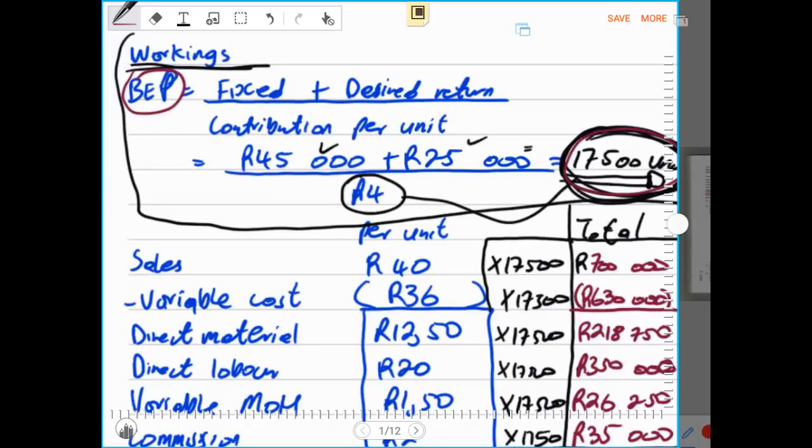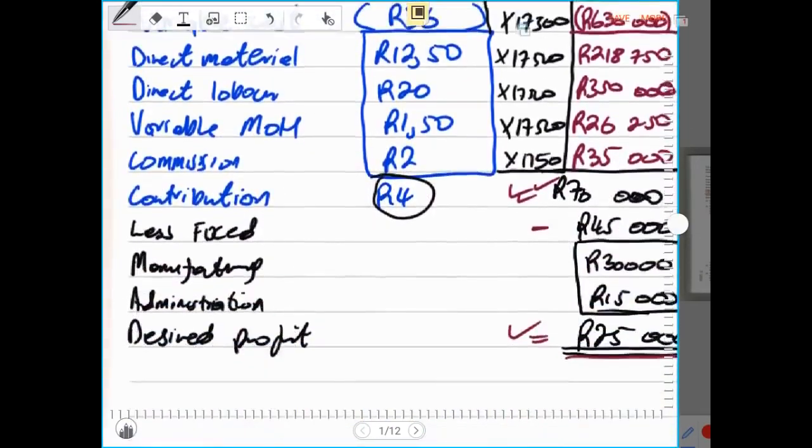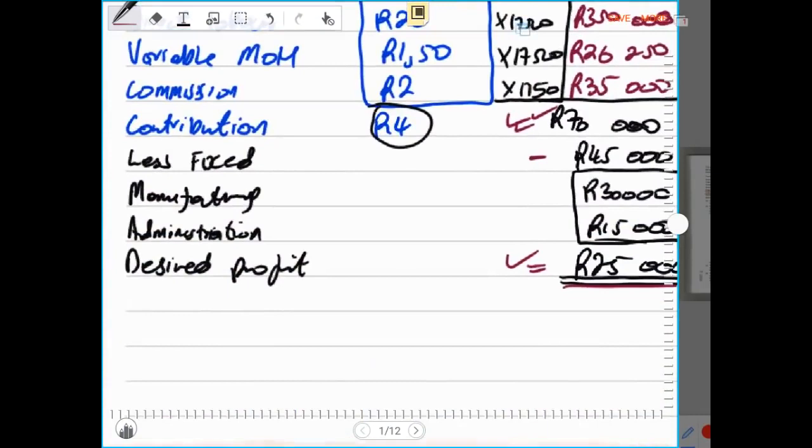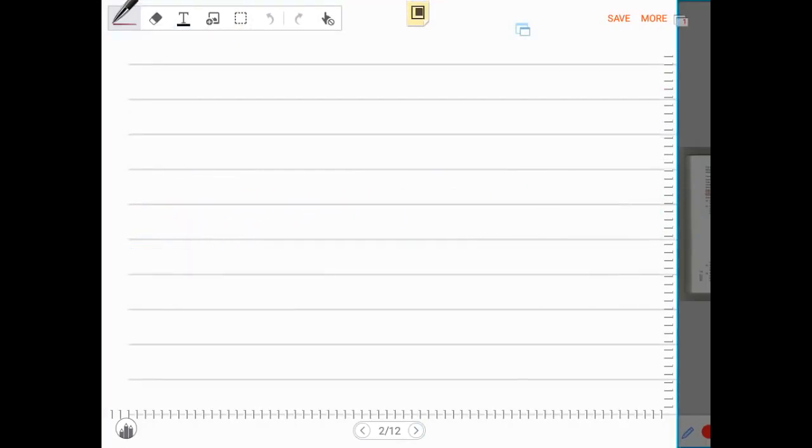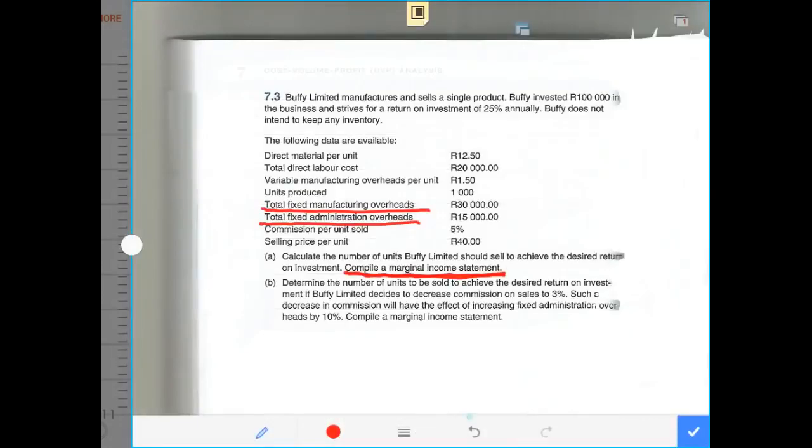Now let me go to the next requirement, a very important exercise to take into consideration. So this was the first requirement, which was requirement number A. Now in the second requirement, we are required to determine the number of units. Once again, the number of units.